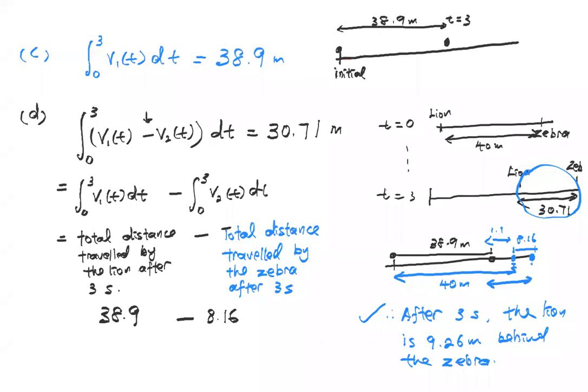Are you okay? Okay, so I've answered part C, part D. Let's go to part E. How are we going to explain part E? We go back to the graph and explain part E using the graph.